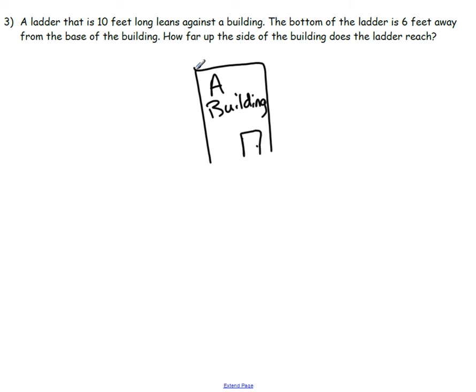Some people still have trouble with this. You ask them to put the ladder leaning against the building, and they say okay, and that's their ladder. What kind of ladder is that? Looks like a swing set. Looks like a slide. Hey, I'm not an artist.